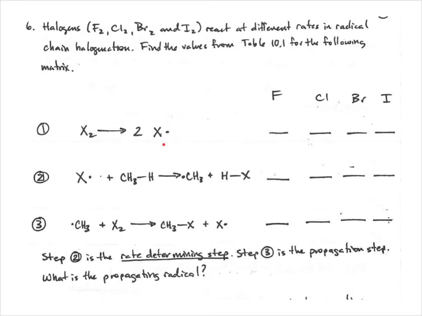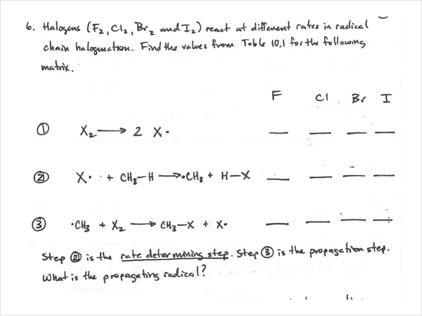So step 1 is called an initiation reaction. The molecular halogen is cleaving to give you 2 halogen radicals. Steps 2 and 3 are propagating steps. So we're talking a little bit about the mechanism now.